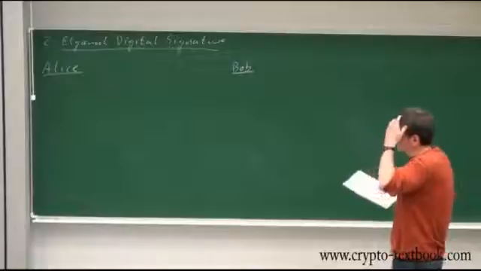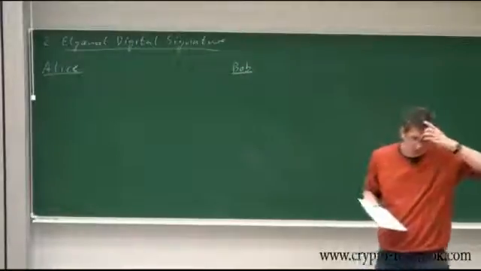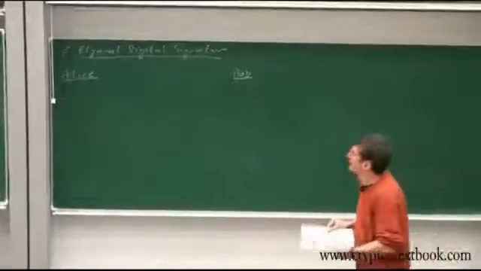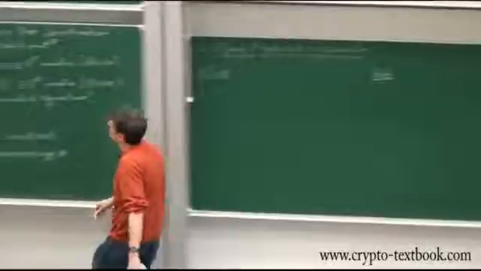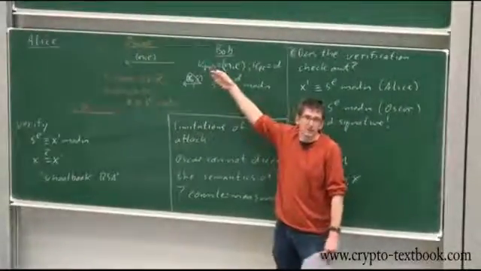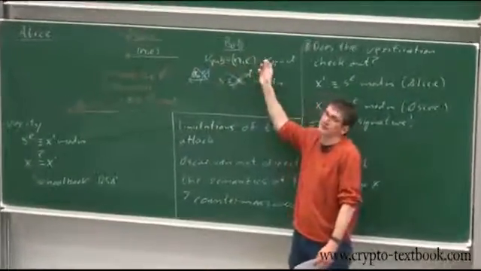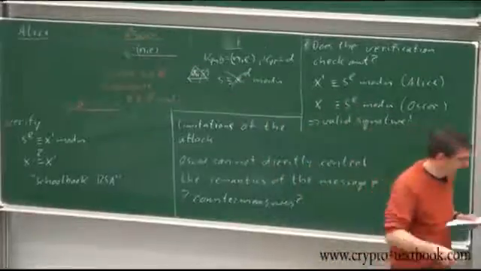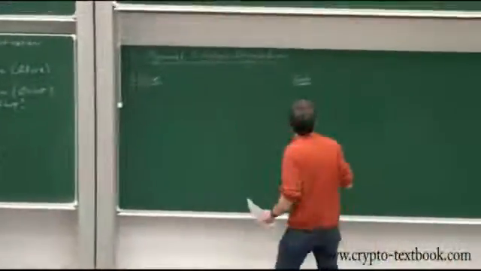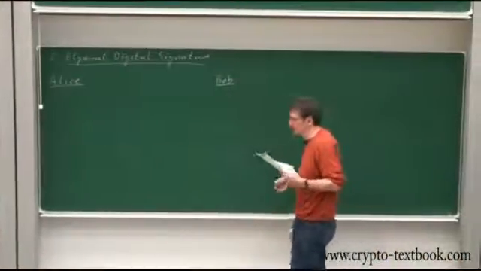Okay, so as you remember, all public key schemes have a setup phase, which we kind of skipped over. We just said, well, Bob has a public key and Bob has a private key, and now we want to do the same here to start with. So we have the setup phase.